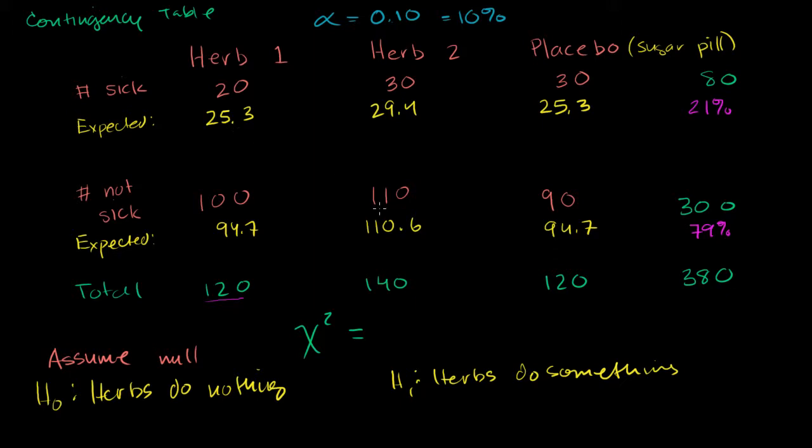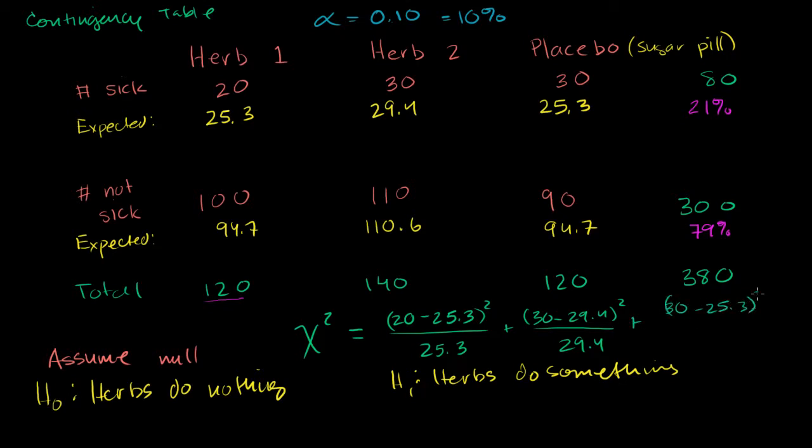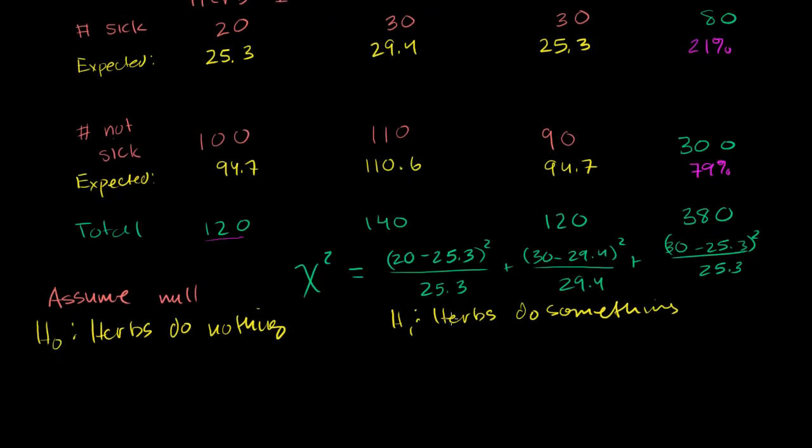So it's going to be 20 minus 25.3 squared over 25.3, plus 30 minus 29.4 squared over 29.4. I'm going to run out of space. Plus 30 minus 25.3 squared over 25.3. And then I'm going to have to do these over here. So let me just continue it. You can ignore this h1 over here.